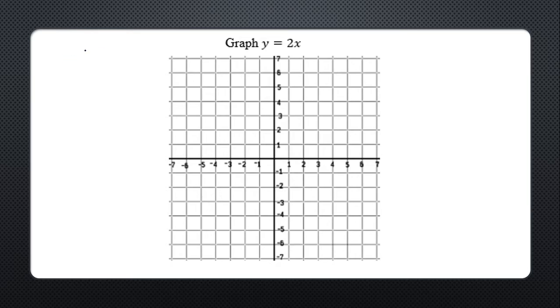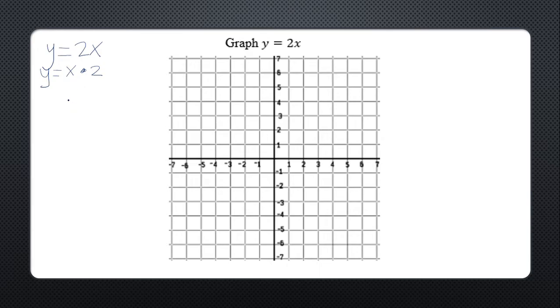So in order for me to do that, if I look at y equals 2x, right? What is the rule that's happening here? Well, we're multiplying x times 2, all right? That's what y equals. So our rule is we're multiplying the x times 2.